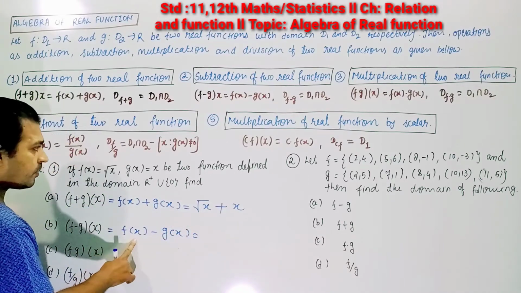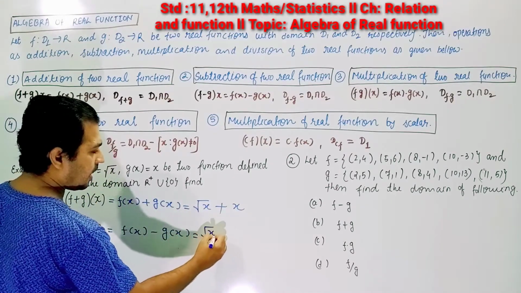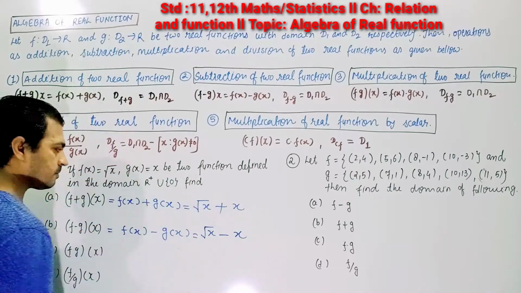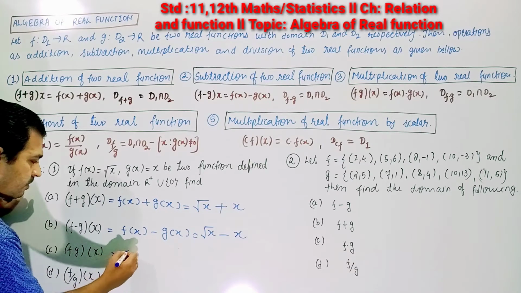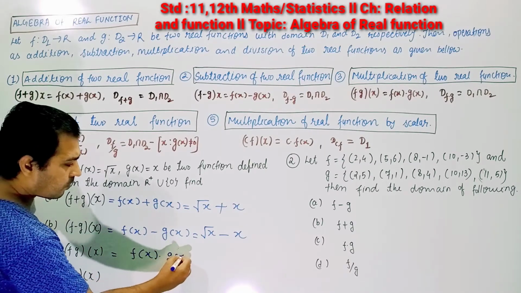The function f of x is equal to root x and g of x is what? x. Now f into g, multiplication of two functions f and g with x. So we can express this as f of x into g of x.